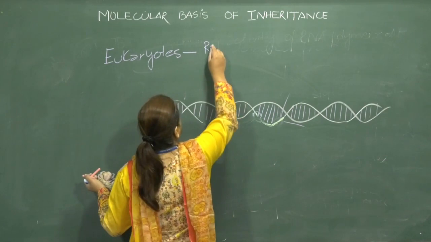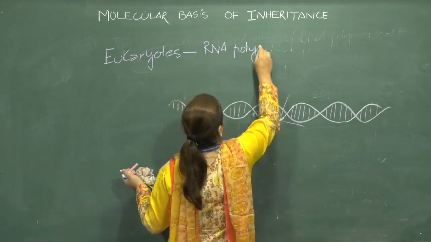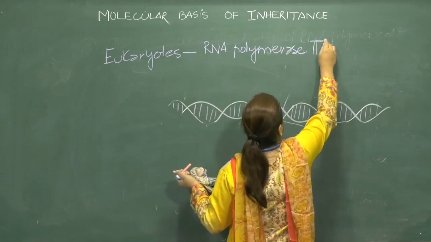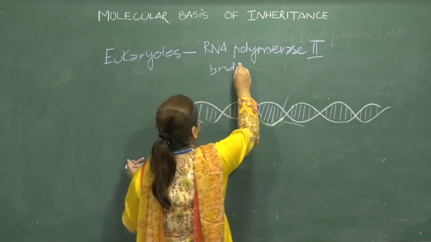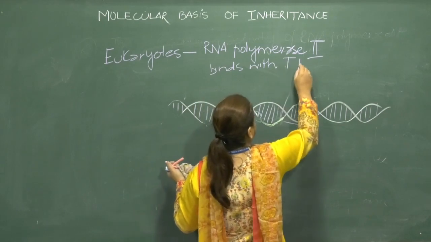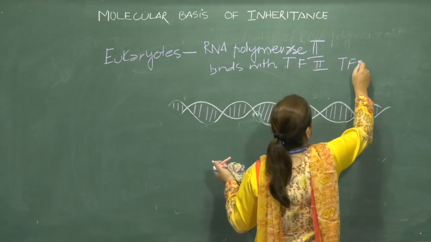Now in case of eukaryotes, RNA polymerase 2 binds with transcriptional factor 2 and transcriptional factor 3.